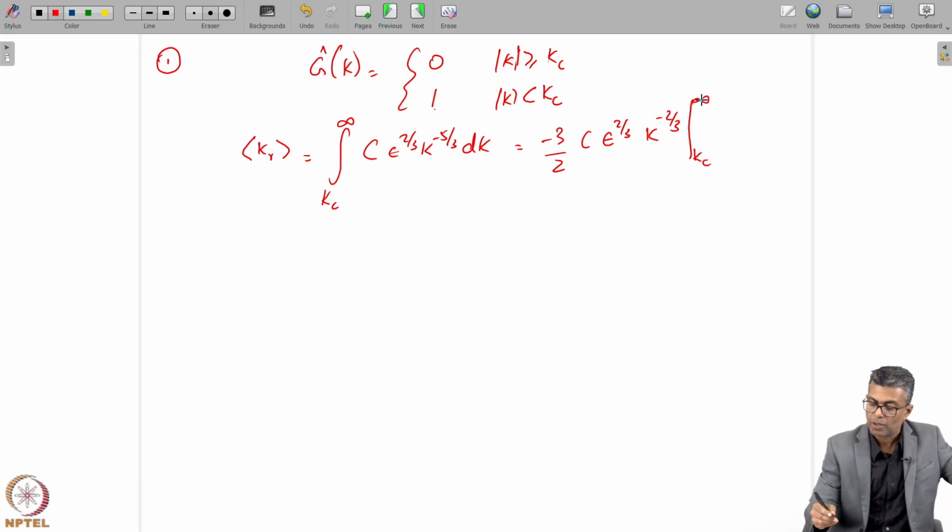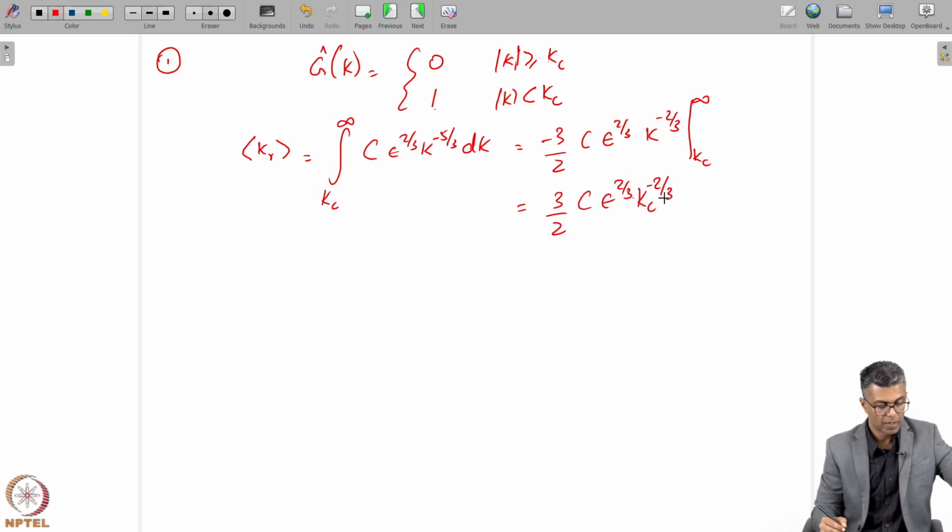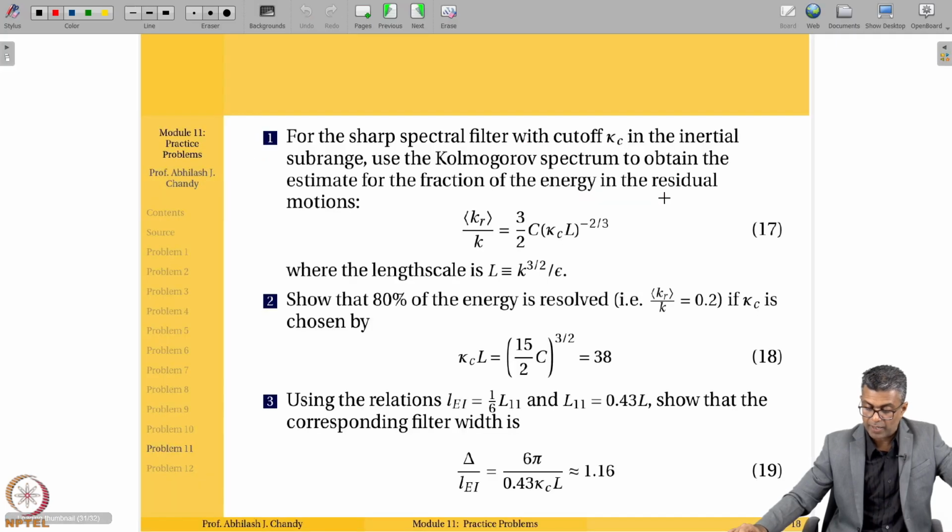If you plug everything in, the minus will go away and you will get 3/2 C epsilon to the 2/3 kappa c to the minus 2/3. That is what you will get as K r. Now, I'm not done yet, right?